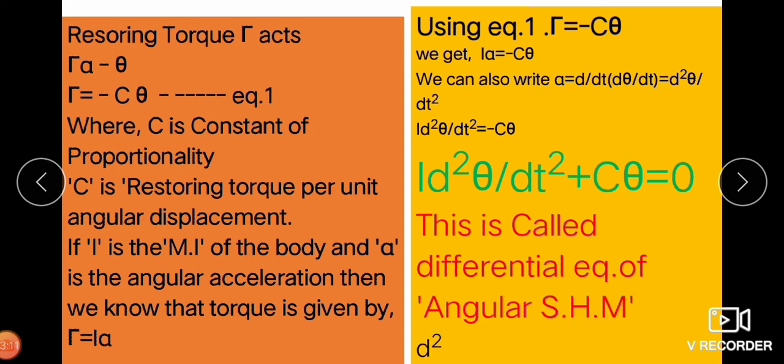Let us find out this. Divide by I on both sides of the equation, then we get d2 theta upon dt square, this is acceleration, first term, is equal to minus c upon I into theta, that is alpha is equal to minus c upon I into theta.